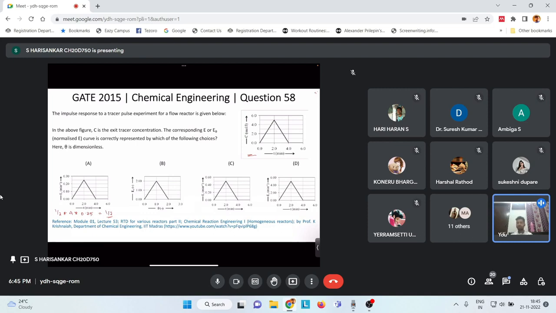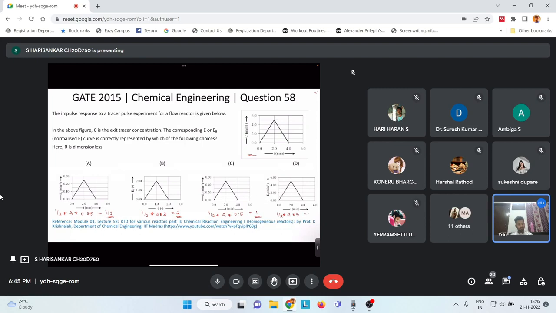The area under the second curve will be half into 2 into 2, and that is 2. The third one is half into 4 into 0.5, and this is 1. Just for surety, we'll also calculate the final area, which is half into 4 into 5, and that is 10.